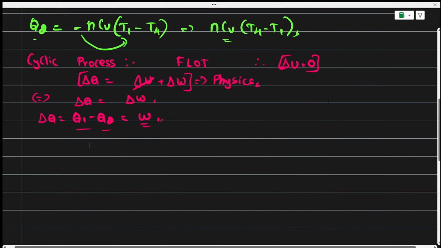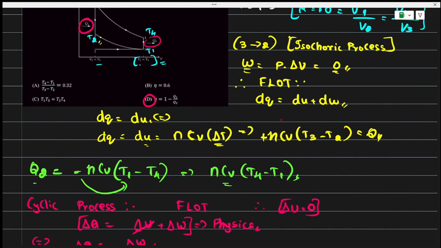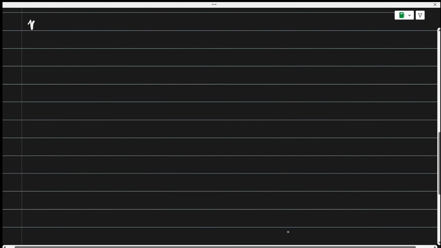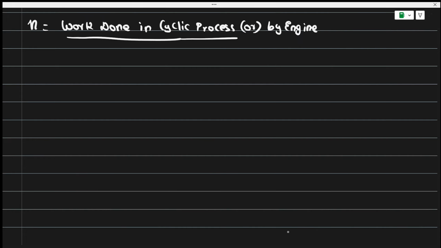With the help of this formula we can verify option D. We all know that efficiency eta is equal to the work done by that particular cyclic process or engine divided by the heat given to it.